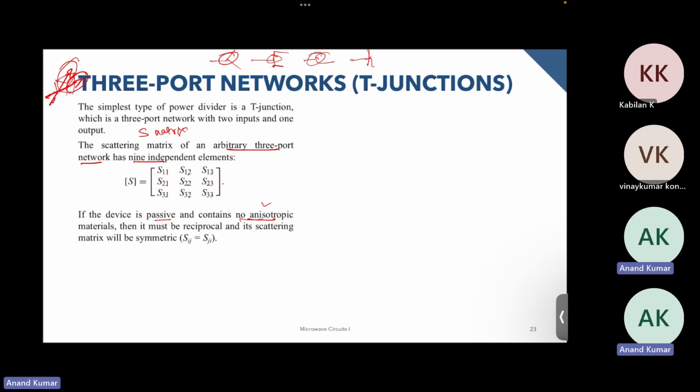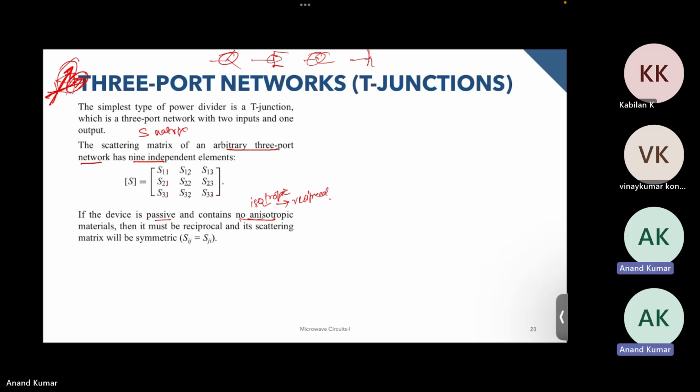So the wave propagation will not depend upon the direction in which the wave is traveling inside the medium. Hence we say this is isotropic.